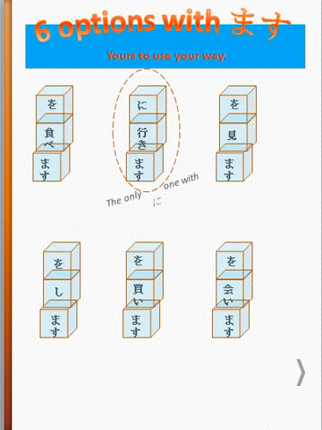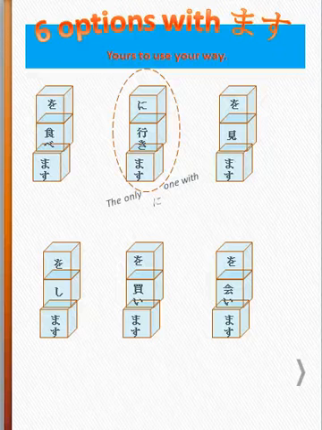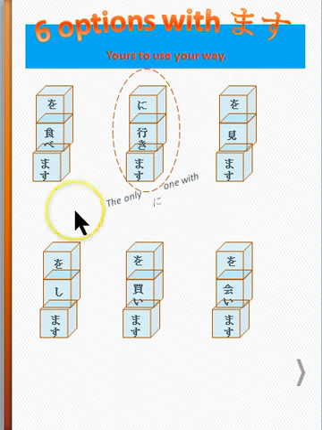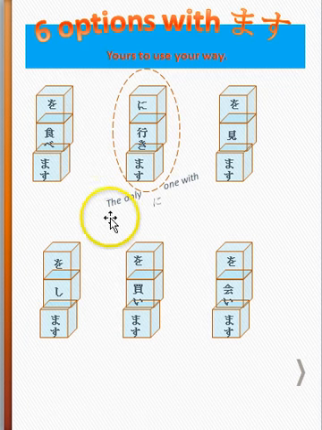6 options with mas. So there are 6 options of verbs because there are 6 sides of a cube, and the 6 options I've given you are tabe, iki, mi, shi, kai, and ai. All of the verbs use o except ni for iki.